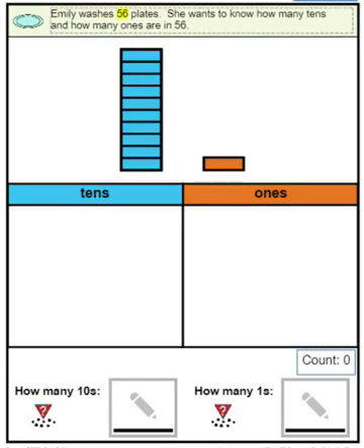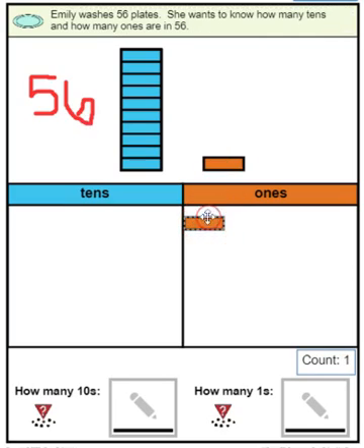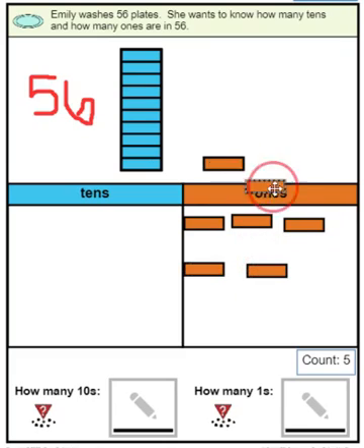Emily washes 56 plates. She wants to know how many tens and how many ones are in 56. Okay, here's my number 56. So I look at my ones place first and I see I have 6 ones. 1, 2, 3, 4, 5, 6 ones. Here's 6.